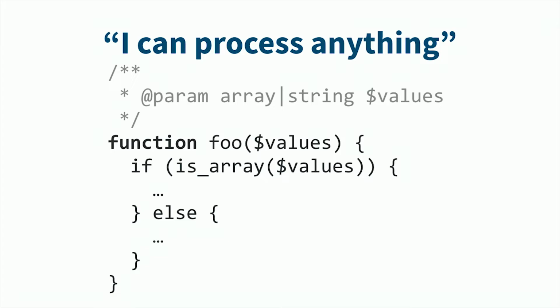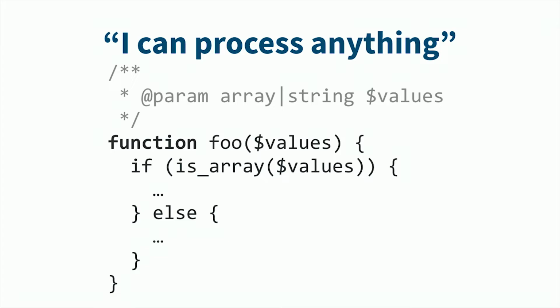Another thing I would like to discourage is to write methods that accept multiple different types, because it might seem cool to accept anything and just deal with it on behalf of the user, but there are problems. For a method which accepts an array or a string, you have to write an if condition inside the method body.